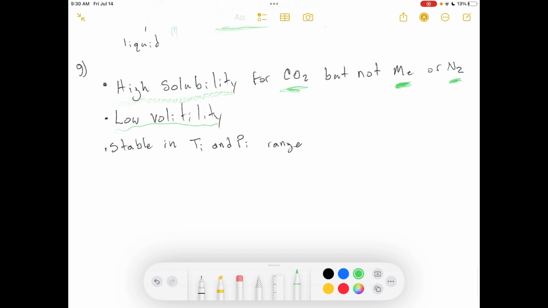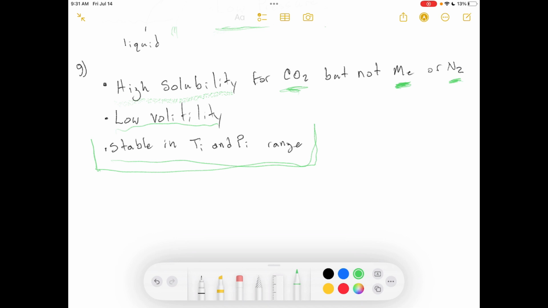Okay. You also want it to be stable at the temperature and pressure ranges that you're working in. So that doesn't just go with vapor pressure, that also includes thermal cycling. Maybe your solvent, after you've recycled it a few times, just kind of falls apart and becomes something else, like chemically breaks down over time. You don't want that.